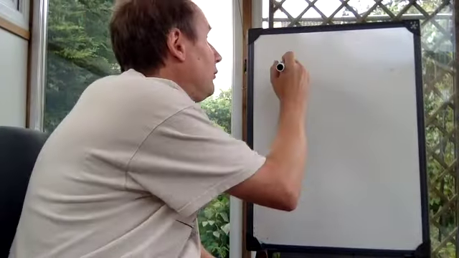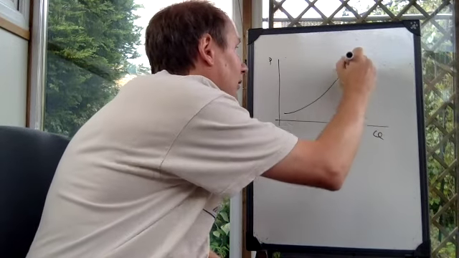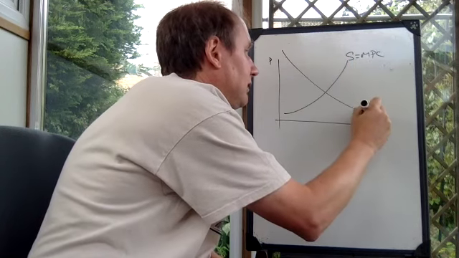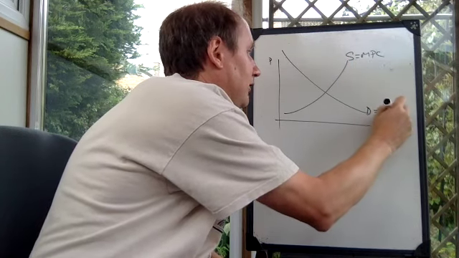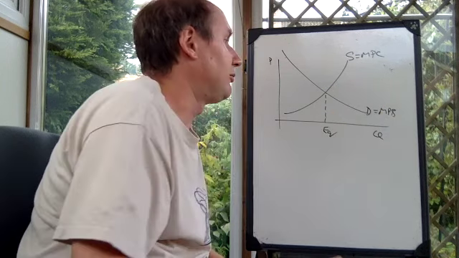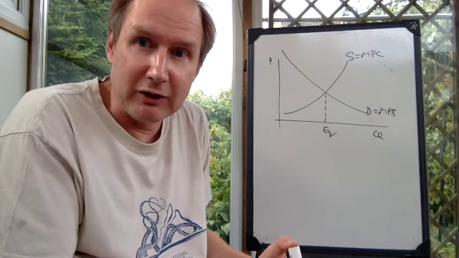When you're drawing these, always start with this: supply equals marginal private cost, demand equals marginal private benefit. The equilibrium quantity there is the key to all of this.